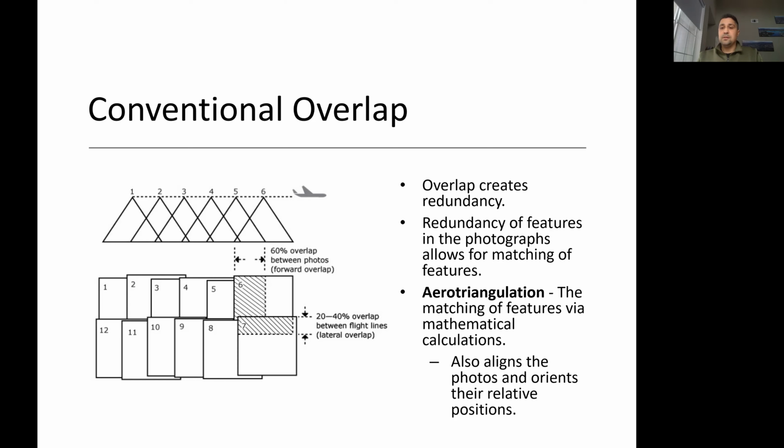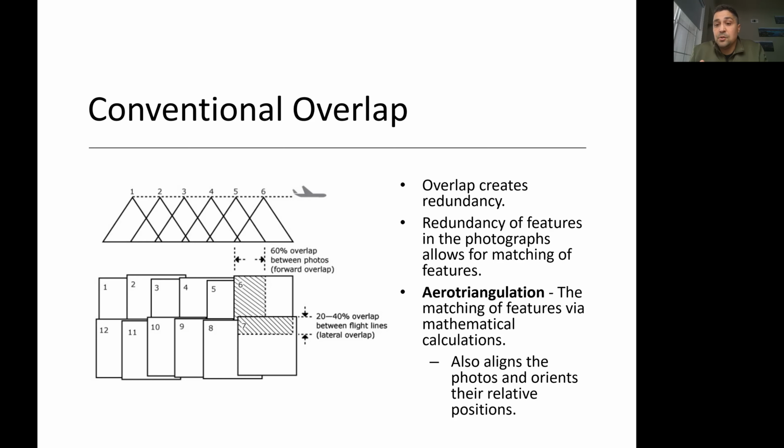As the drone is flying along, the overlap between the pictures is creating redundancy. That redundancy allows for the matching of features. When I say feature, I mean a thing on the ground, like a trash can, or a bush.